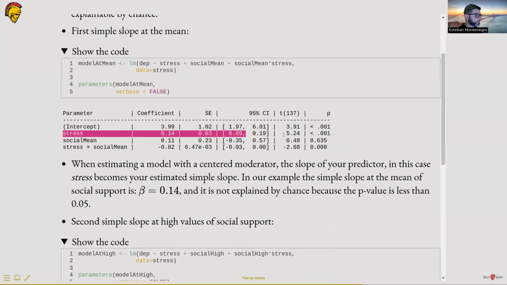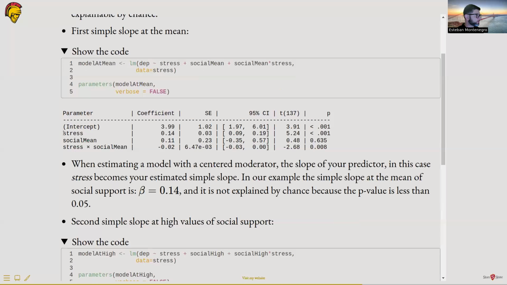So in here, let's pay also attention to this slope right here. This is the slope that we call the simple slope. Now, by doing this mathematical trick, this becomes the partial estimation of every simple slope. So that's nice, right?